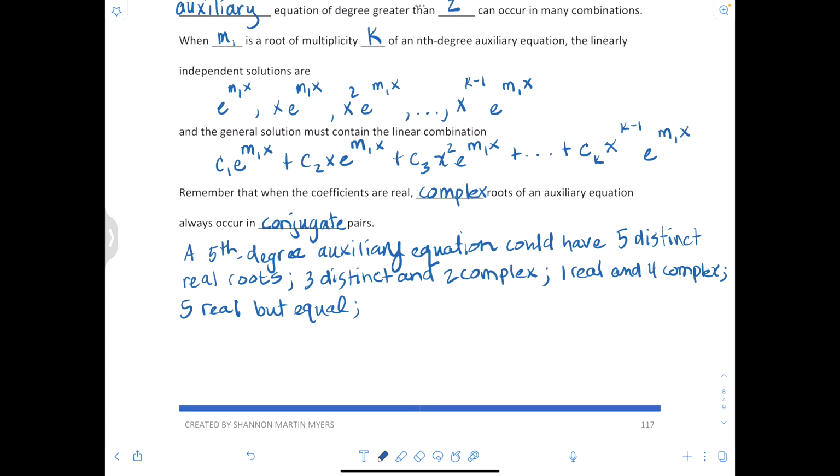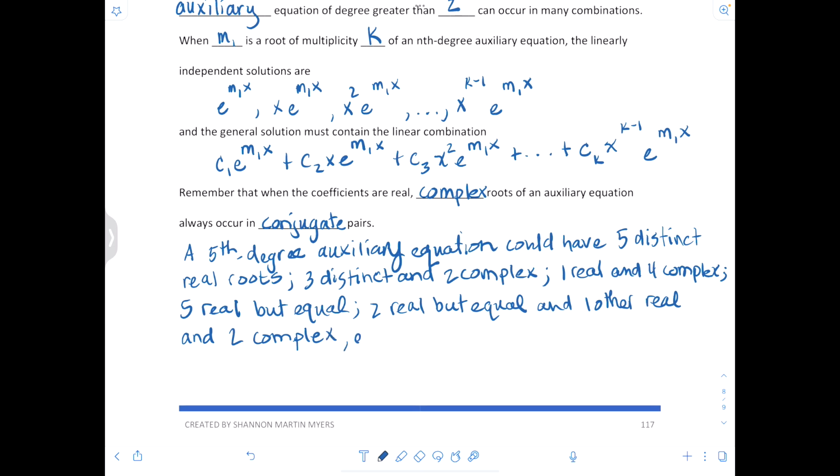I mean 2 real but equal, so multiplicity 2, and one other real, and two complex, etc. So that's why it's not going to be summarized. But you make a linear combination of that.